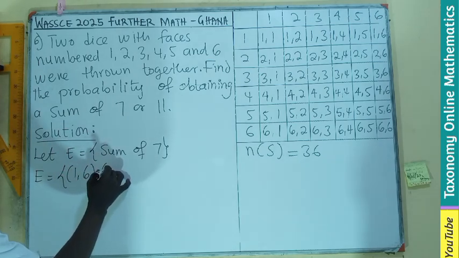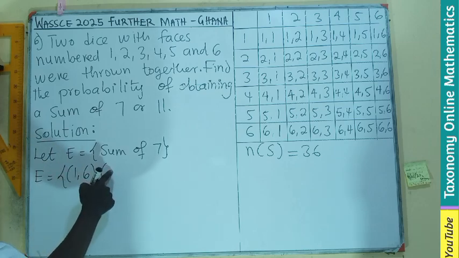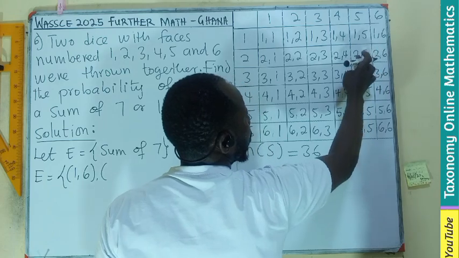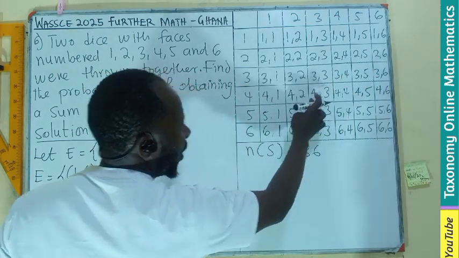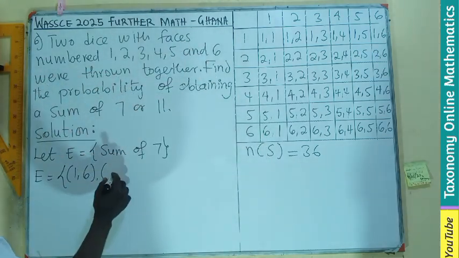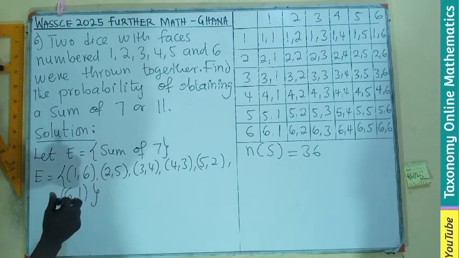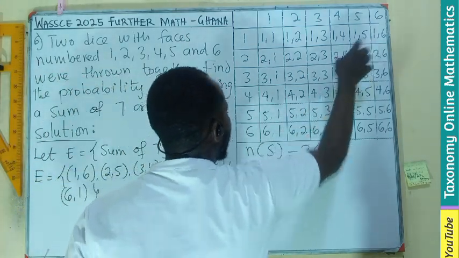Then let's go to 2. We have (1, 6), (2, 5), (3, 4), (4, 3), (5, 2), and (6, 1). Let's write all of those numbers from there: 1, 2, 3, 4, 5, 6.